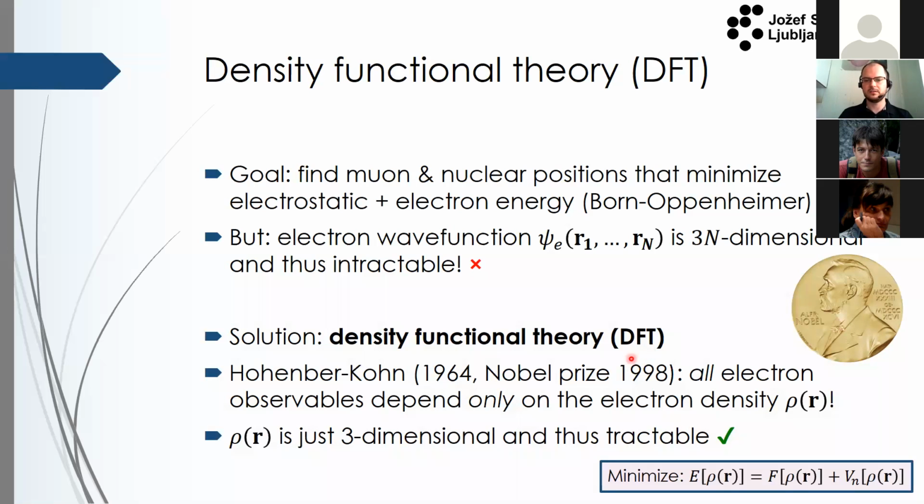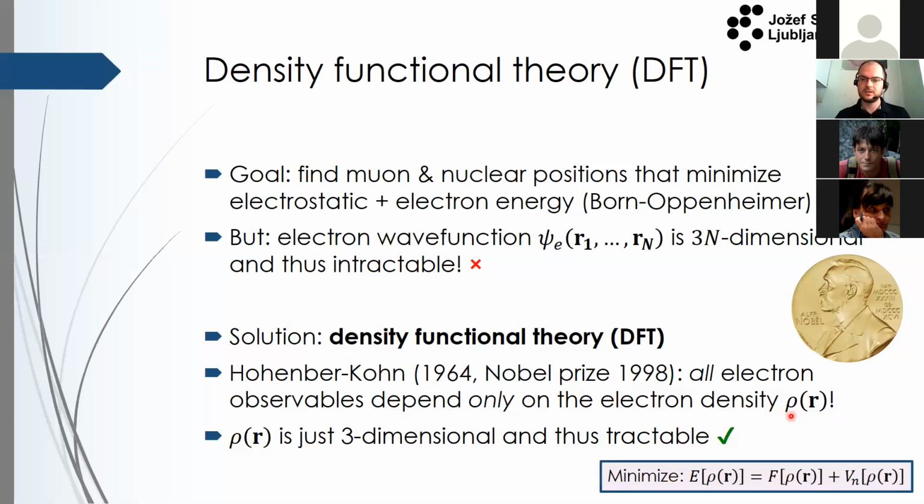Hohenberg and Kohn proved that if you have electrons interacting through Coulomb interactions inside some external potential generated, for example, by the nuclear positions, then any observable that we might even in principle want to measure on the electrons depends uniquely and only on the electronic density, which is more or less a classically accessible thing.